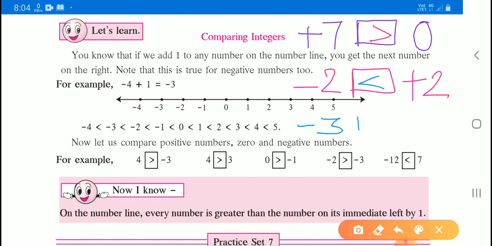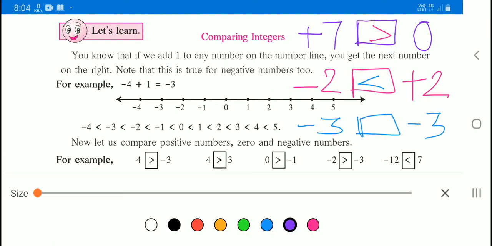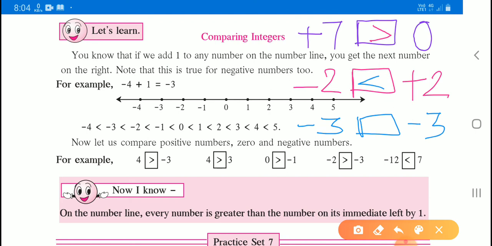Negative 3 and negative 3. Now tell me which number is greater and which is smaller. Here you can see that both numbers are at equal distance from 0, so they are equal. So on the number line, every number is greater than the number on its immediate left by 1.